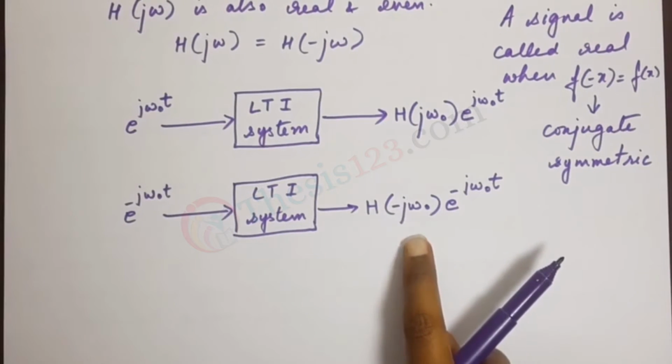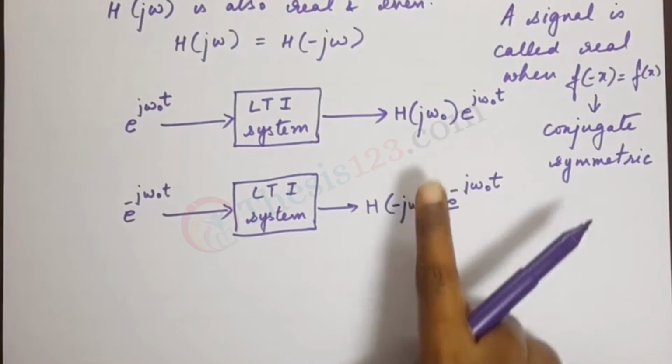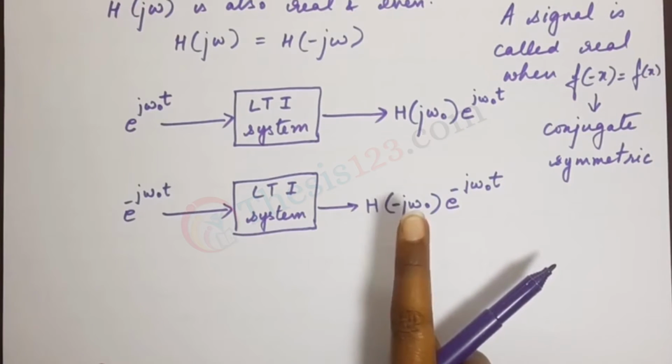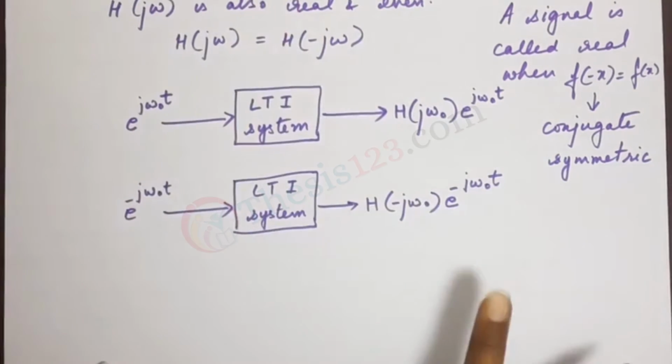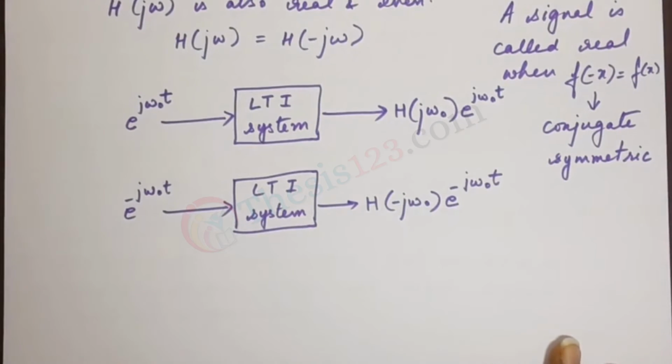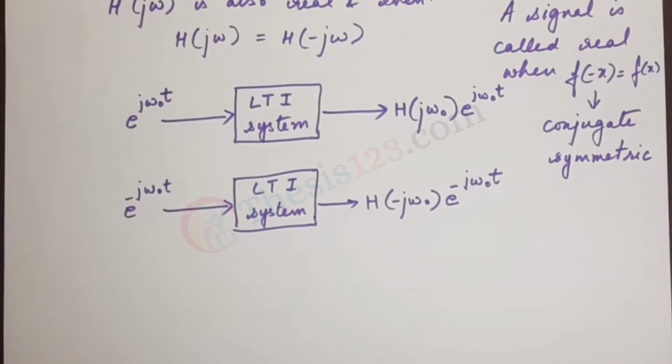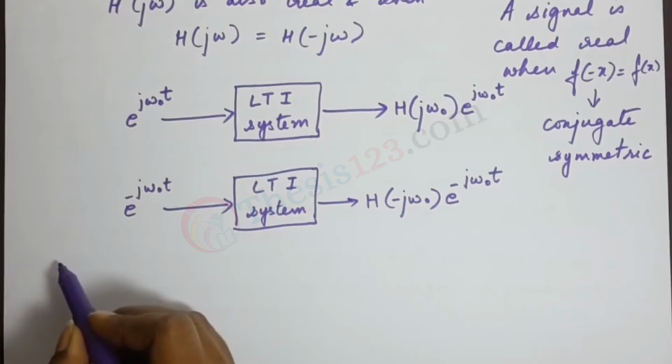Here you will have to note that H(jω0) equals H(-jω0). That's because it is real. Again, reiterating that fact, that is the point that should lead you to the right answer.